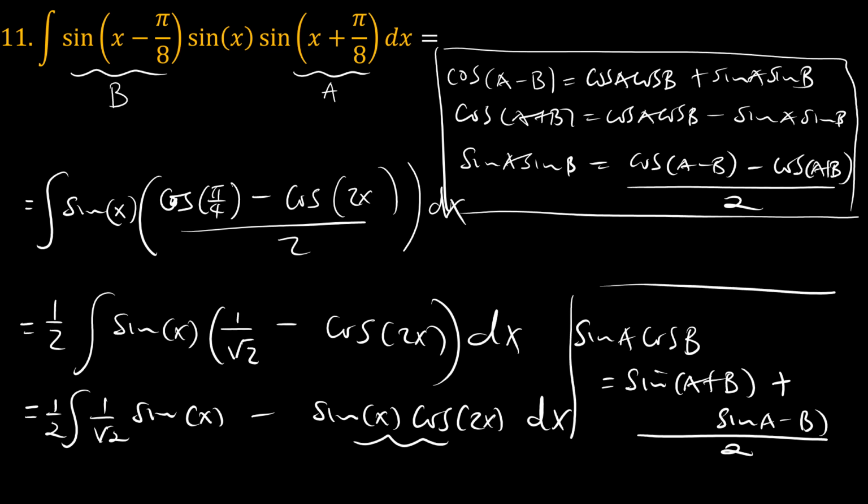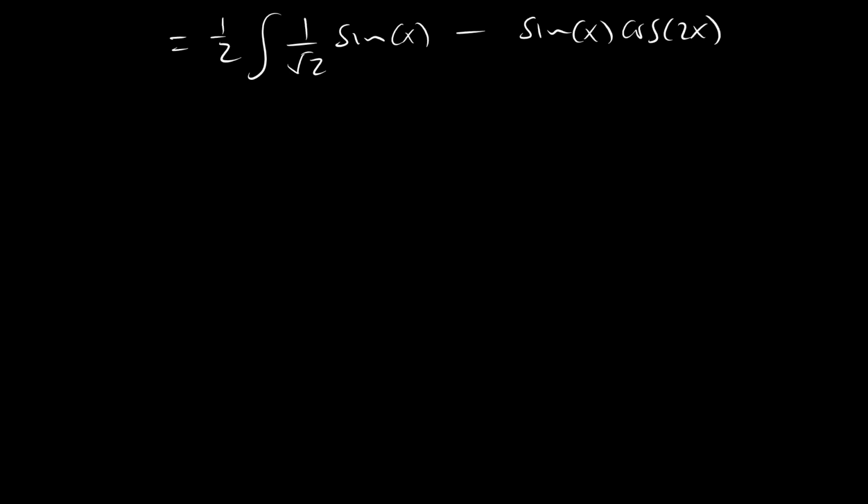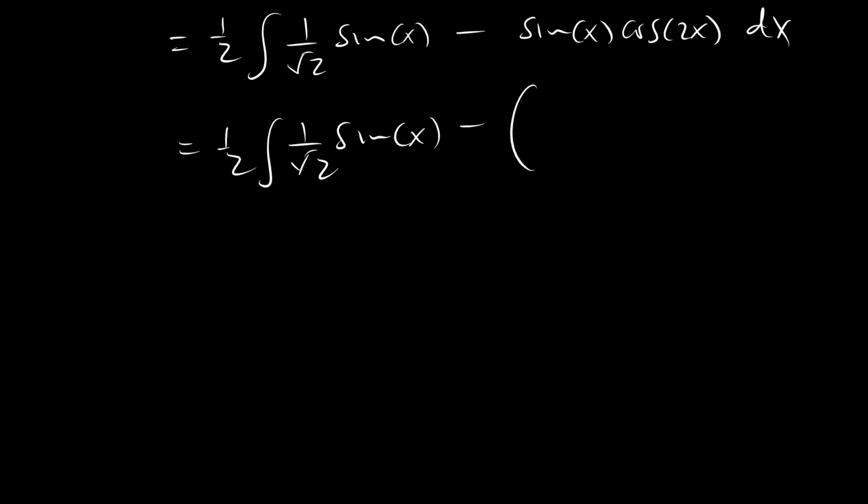So that's another identity. If we take this to be A and this to be B, what we have is sine x cosine 2x, which is the same as a half times the bracket.